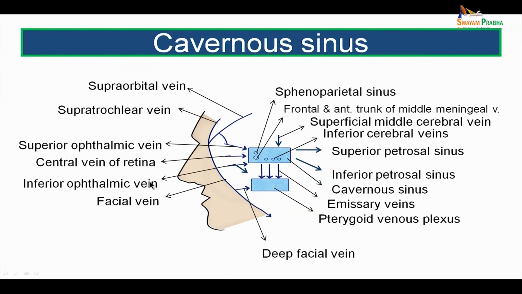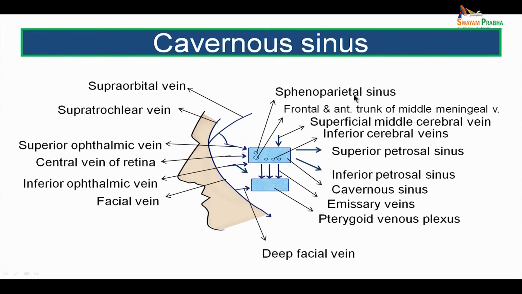This picture here shows us the tributaries as well as the communications of the cavernous sinus. What we see here is the cavernous sinus. It receives 3 tributaries from the eyeball, and those are the superior ophthalmic vein, the central vein of retina and the inferior ophthalmic vein.